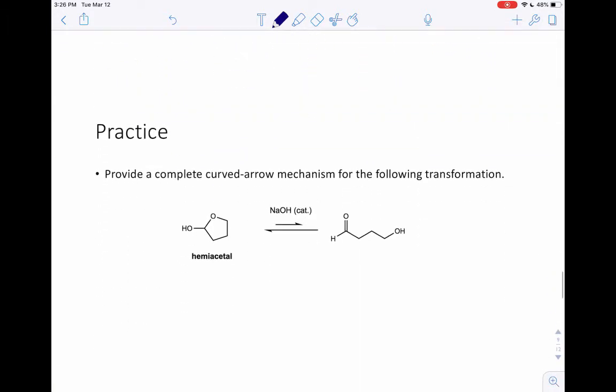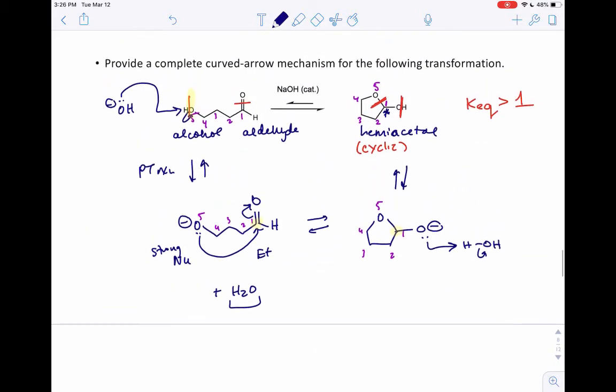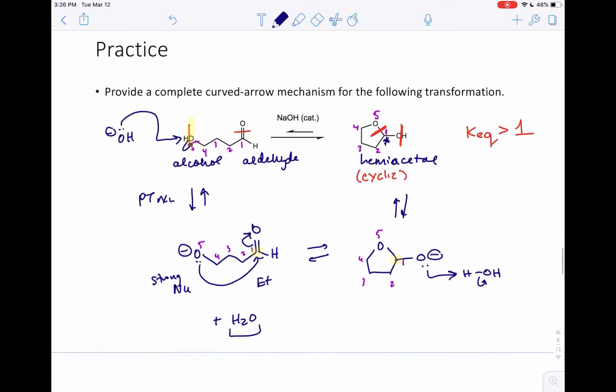And you want to be able to draw the mechanism for both of those scenarios. So here I have the reverse direction, decomposing the hemiacetal to the aldehyde and the alcohol. So go ahead and pause and see if you can do this. It's going to be the exact reverse of the mechanism that we just drew. The exact reverse.